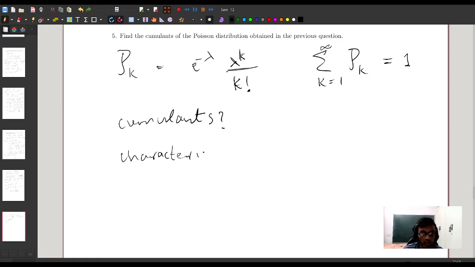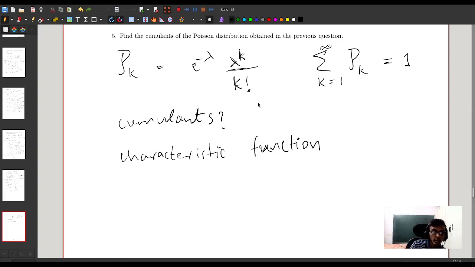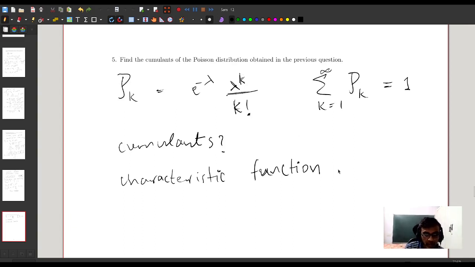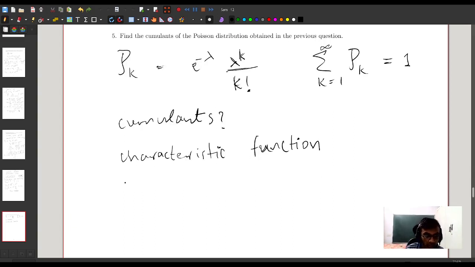And what is this characteristic function? It's an alternative way of specifying the information about the probability distribution function.